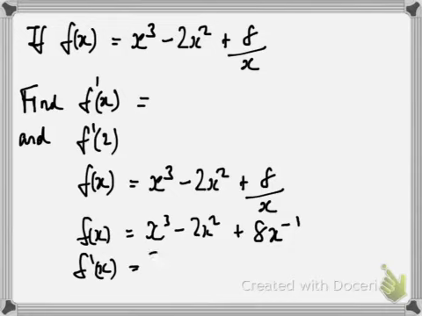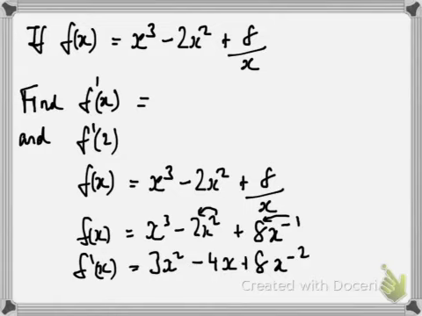It equals 3 to the front reduced by 1, 3x squared. 2 to the front multiplied by the 2 gives 4, reduce the index by 1. x to the power of 1 is just x. Index to the front, so that's 8 x to the power of negative 2. Okay, so there's our derivative.